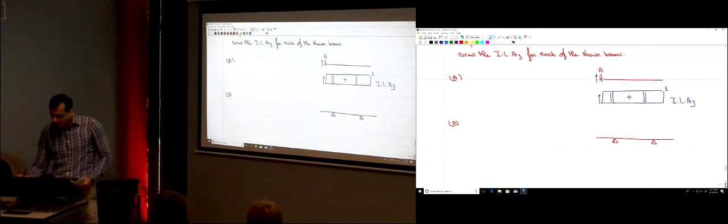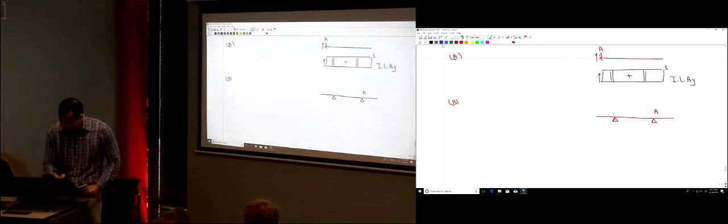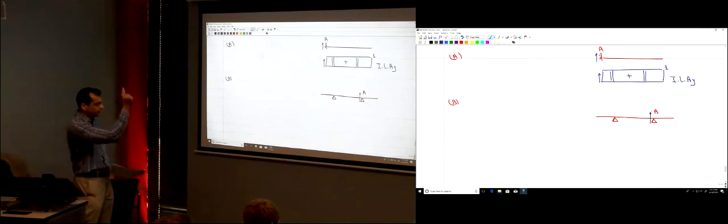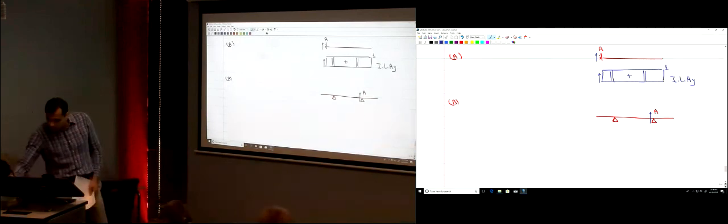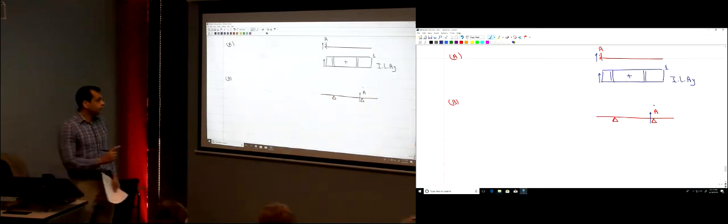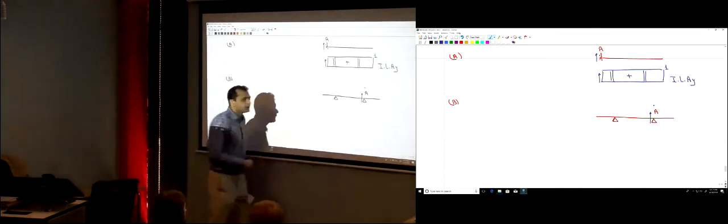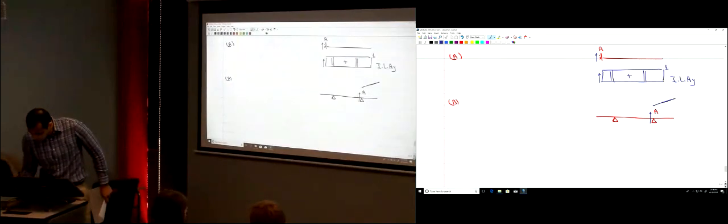Let's see here. An overhanging beam like this, and this is point A. I want to draw the influence line. How would I do this? Displace point A vertically in the direction of AY. So point A moves here. But at this point, there is still a support, so it's going to move like this. And it's a rigid beam, so a straight line would remain a straight line.